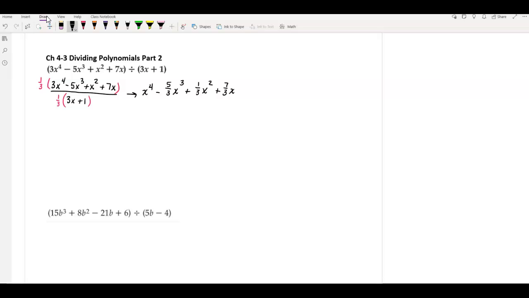You know what, y'all? It is, but that's all right. 1/3 times 3x is x plus 1/3. We're still going to take the x plus 1/3, set it equal to 0. So our r is negative 1/3 now.